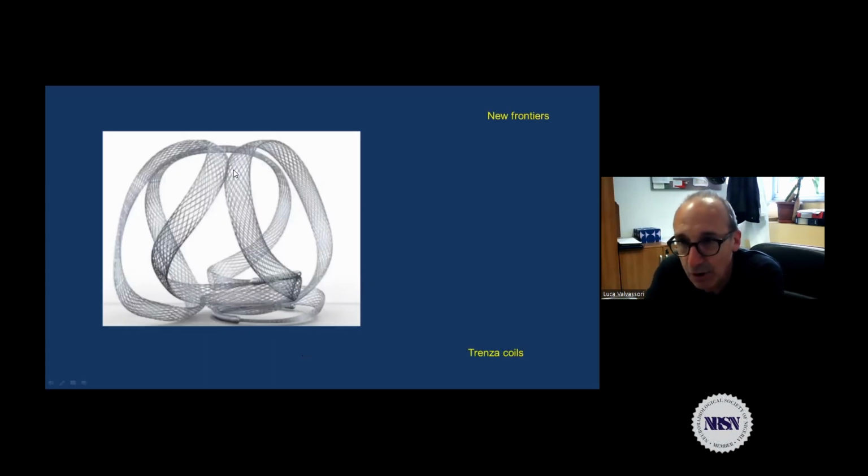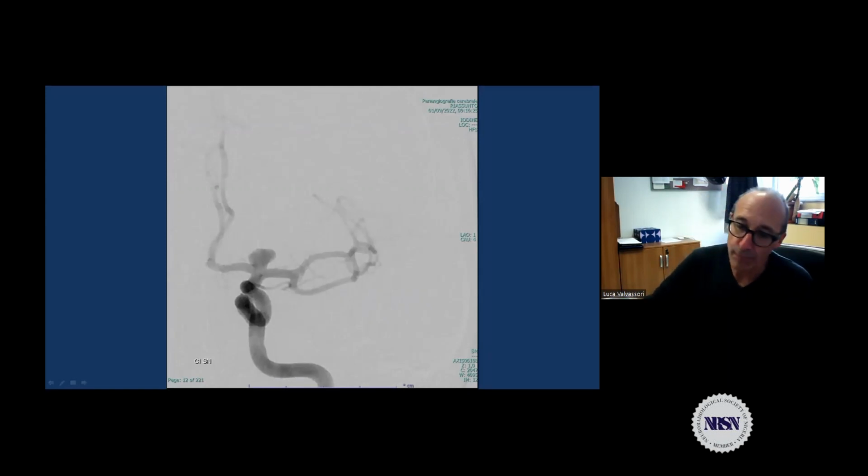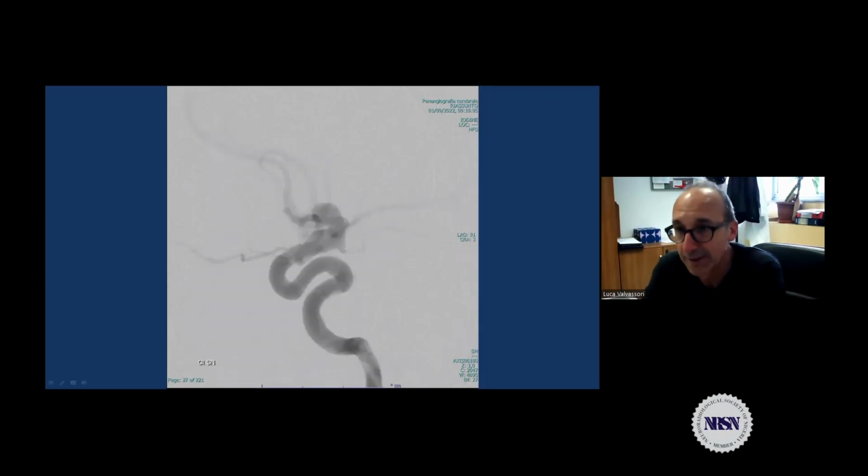These are the Trenza coils, a kind of mix between coils and flow diverter technology, so ribbon-like coils that we place intrasaccular, so that we fill the aneurysm, but we have this ribbon that is covering the neck of the aneurysm so that the blood is not coming in anymore.